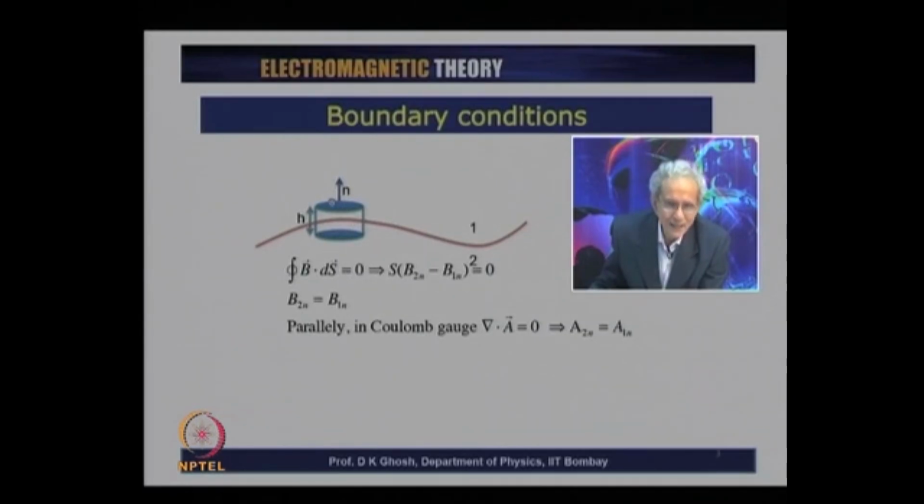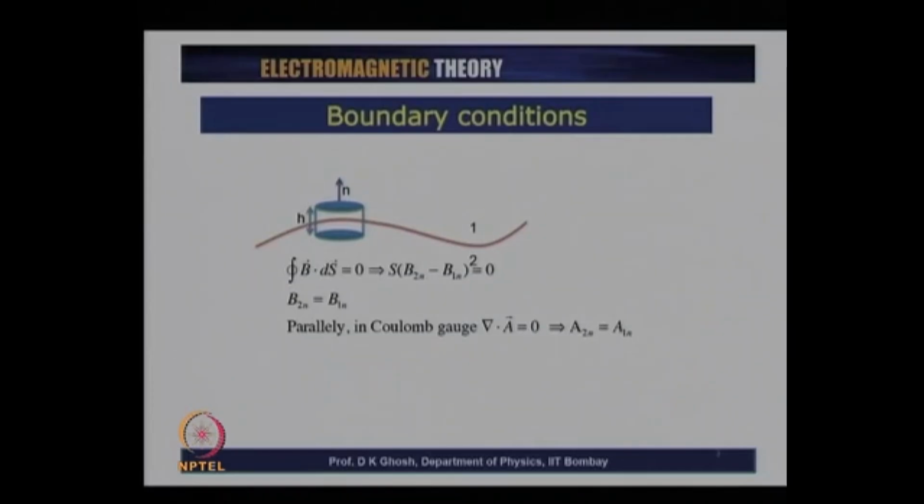So I get B dot n, that is B times S, where S is the area of this cap, and then I put a minus sign here because the direction of the normal on this second face is opposite to the normal n there, and since I have decided that this would be my direction of n, this is equal to S, the surface area, times B2n, the normal component on the second surface, minus the normal component on the first surface, and that must be equal to 0. So, this tells me that the normal component of B is continuous. So, B2n is equal to B1n.